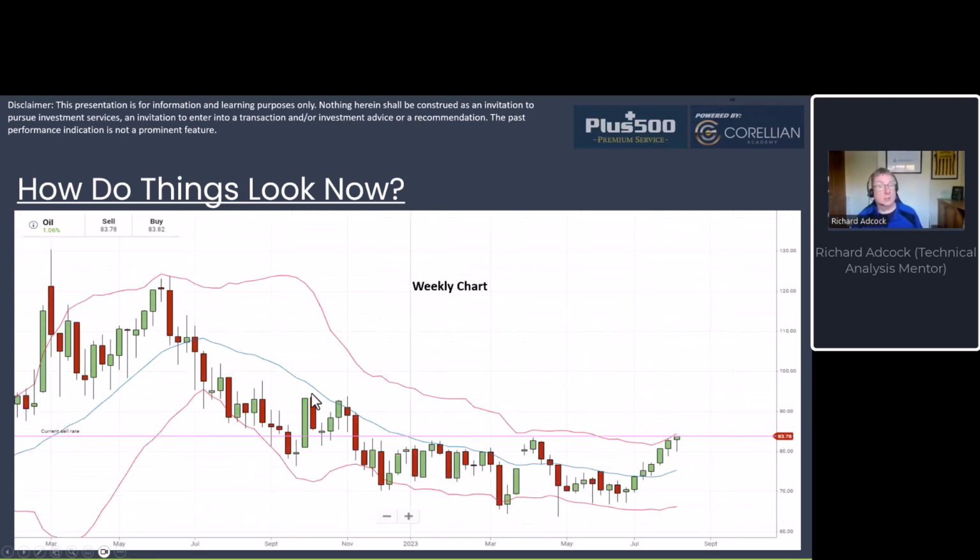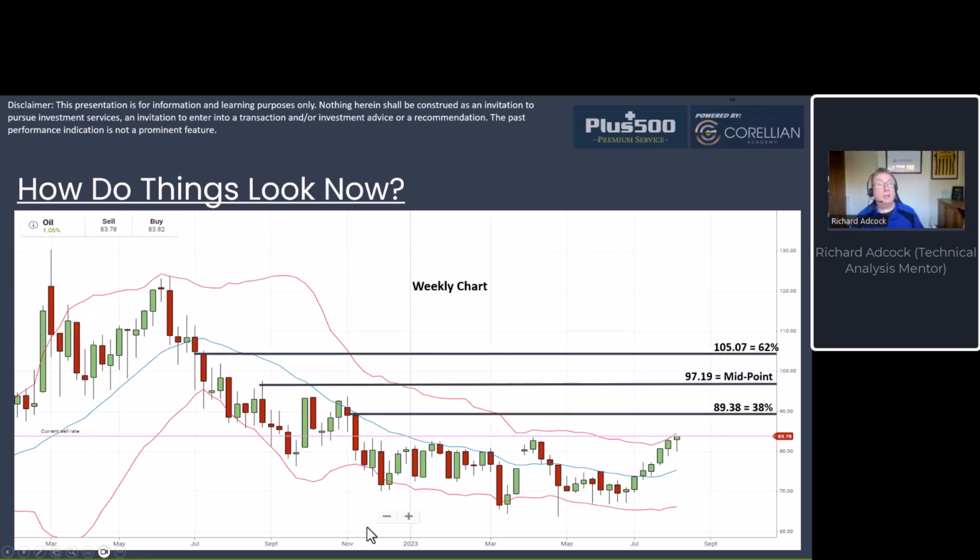Now, if we look at this alongside the weekly view, we can see that the break above that April high is more significant, because this looks like a potential reversal area. More positive themes continue within the daily and the weekly perspectives, and highlighting potential resistance points to any advance.